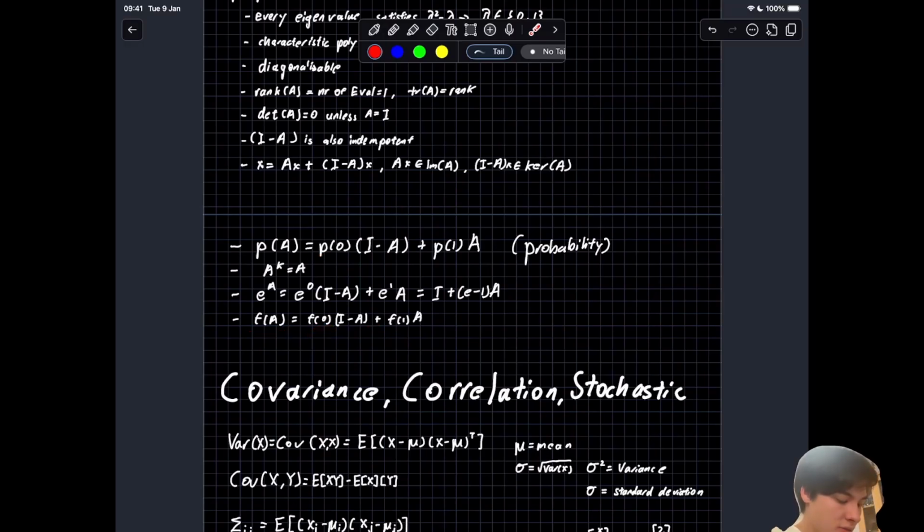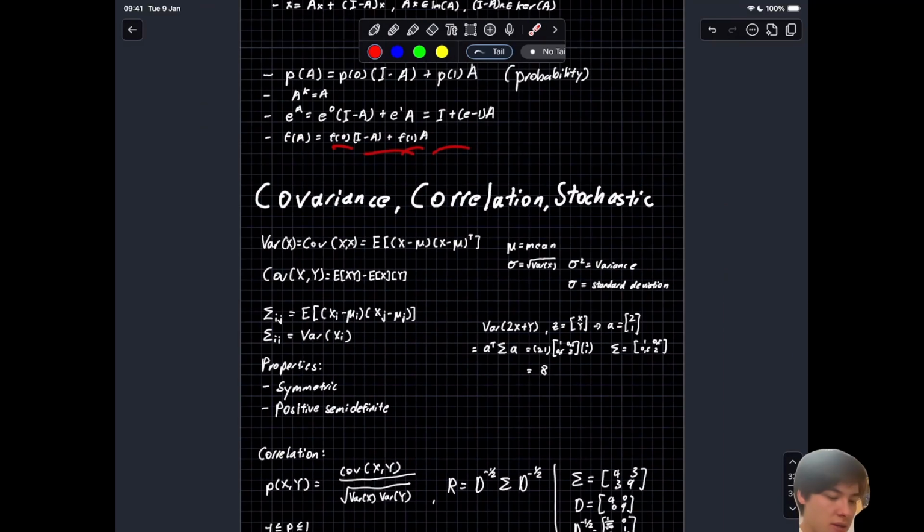If we apply a function to A, it's the function at 0 times I minus A, plus the function at 1 times A. Yeah, so we have a function, we evaluate it at 0 and 1, and then we multiply this, so it's also easy.